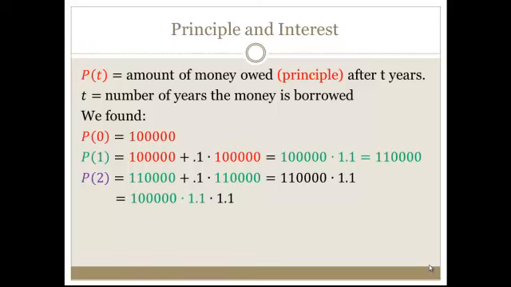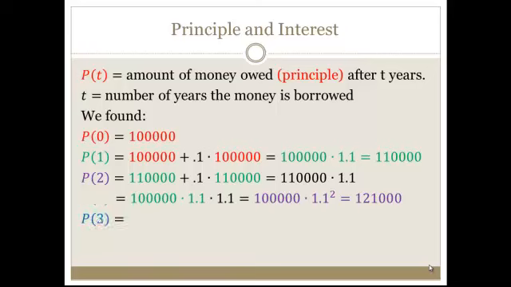But recall that the $110,000 we could write as $100,000 times 1.1. So we're left with $100,000 times 1.1 times 1.1, or in other words, $100,000 times 1.1 squared, for a total of $121,000.